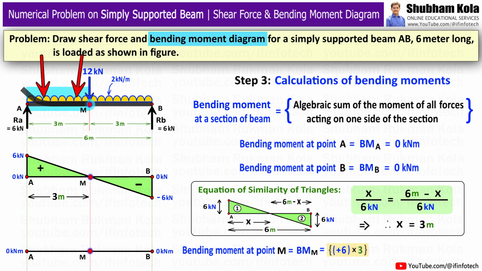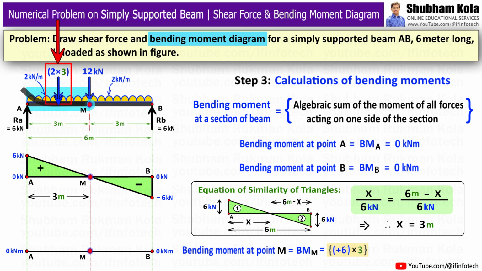And here, from point A to point M, there is UDL of 2 kN per meter over the distance of 3 meter. So I will convert this AM portion of UDL into a point load. That is, 2 kN per meter is the UDL, multiplied with the distance over which this UDL acts.